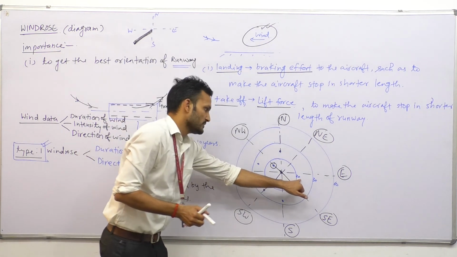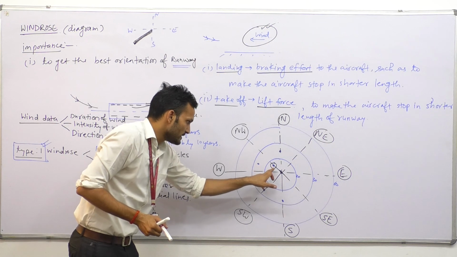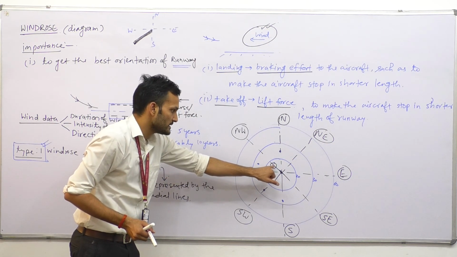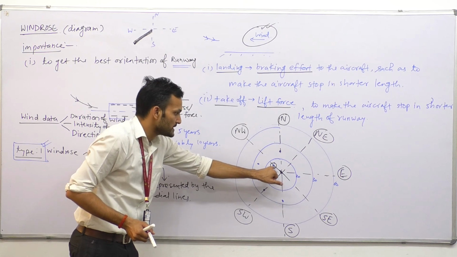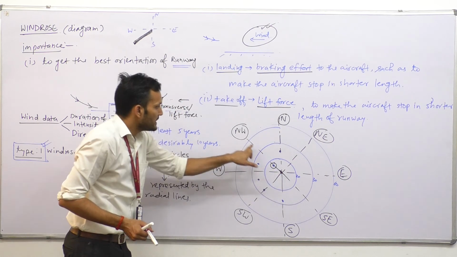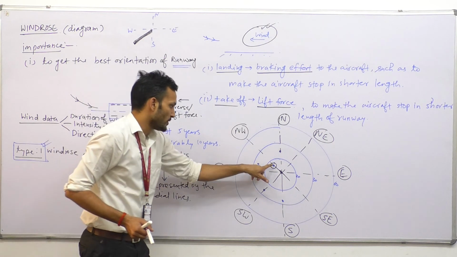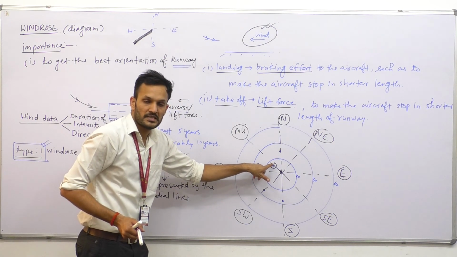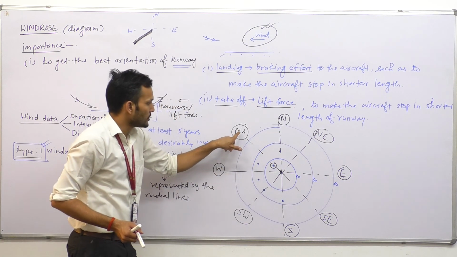Suppose the circle is of 20. So within this circle, it will be approximately around 15%. So 15% of the time in a year the wind is going to blow in northwest direction.